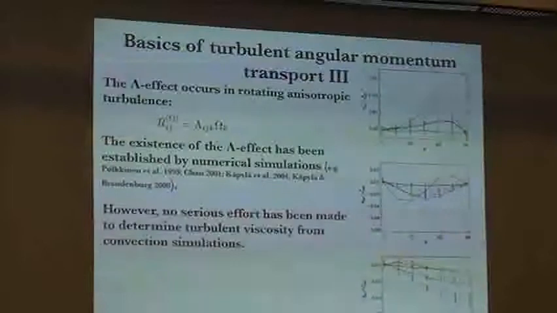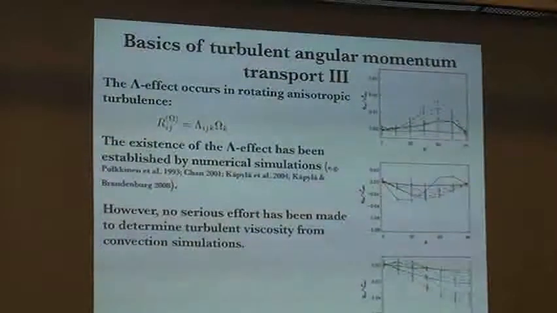So in a sense there is no justification for dropping turbulent viscosity in this analysis. Yeah. But it's very difficult to distinguish the contributions. You have one number which is proportional to two contributions.